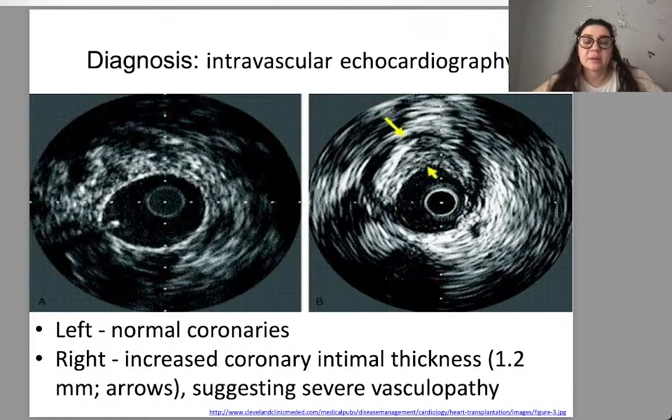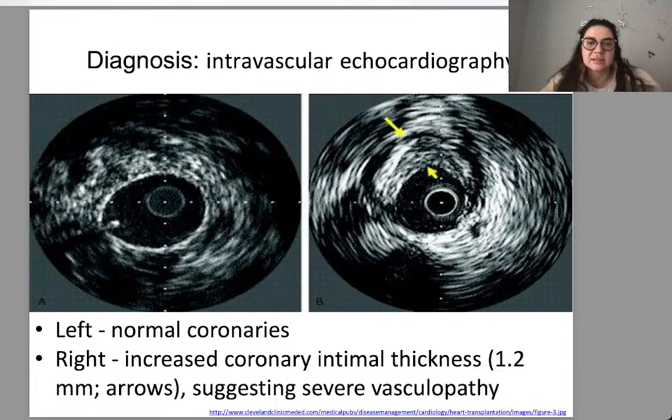Here you see another method that is ultrasound too, but it is intravascular ultrasound. It is possible when the hospital has a very thin catheter that is able to go intravascular and visualize the intima, the endothelium of the vessel by ultrasound methodology. For comparison, the left picture is a normal coronary artery, and the right picture shows increased coronary intimal thickness.